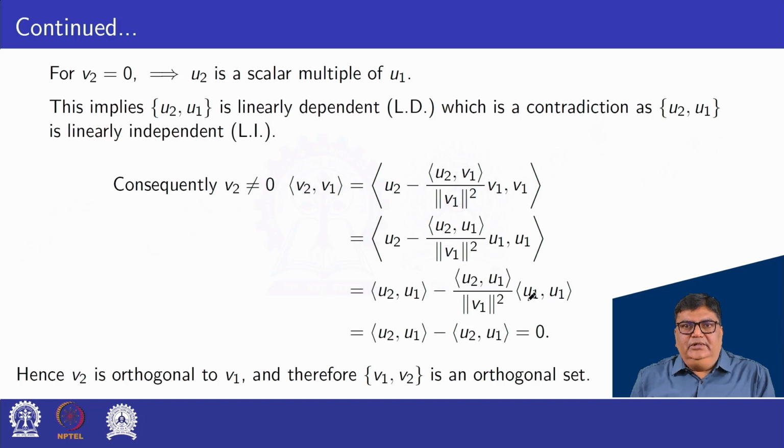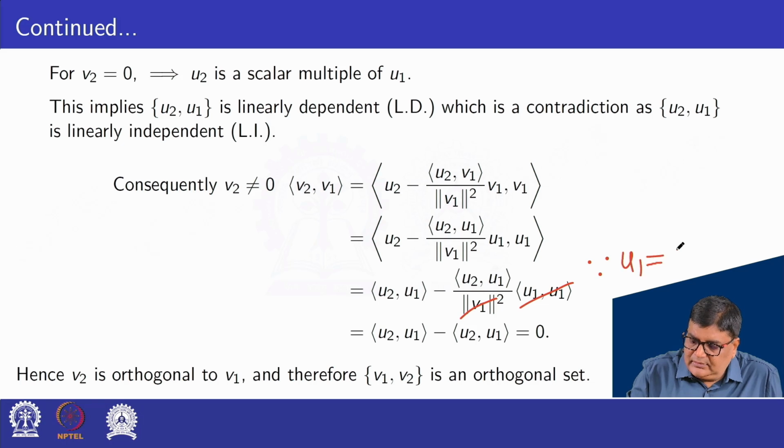So U1 is V1, so this can be written as norm of V1 squared, and this one cancelled out. Therefore, the inner product of U2, U1 minus the inner product of U2, U1 is equal to 0. Hence, V2 is orthogonal to V1, and therefore the set {V1, V2} is an orthogonal set.